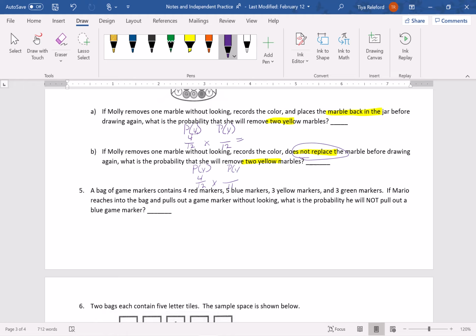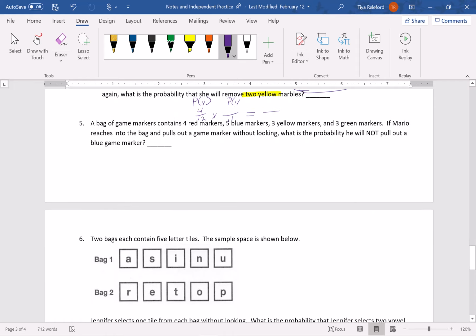How many of those marbles are yellow? Remember, the first time she took a yellow out, so you only have 3 yellows. So your top number should be 3. Now go ahead and multiply for your answer. You can simplify by at least 4 in the end.